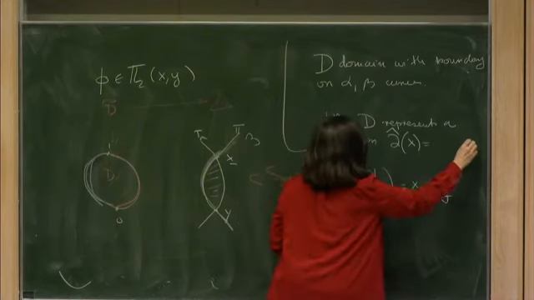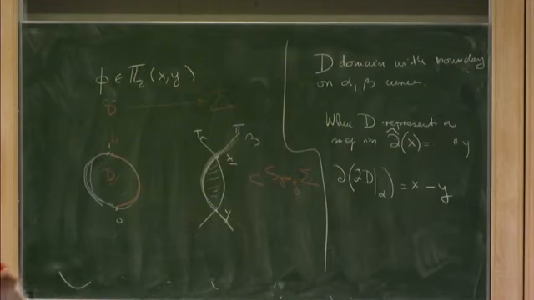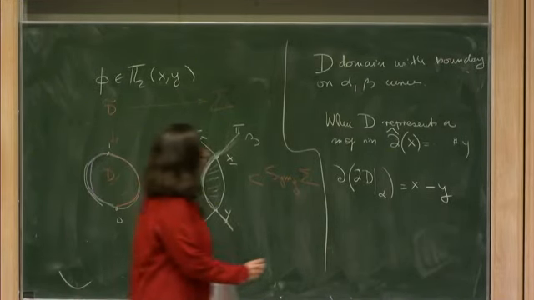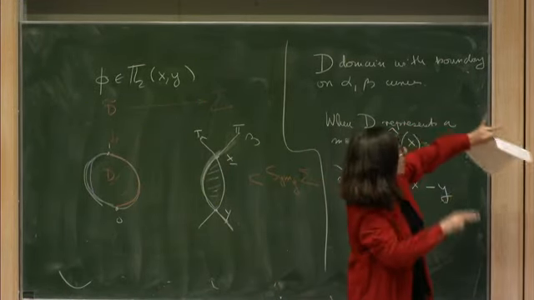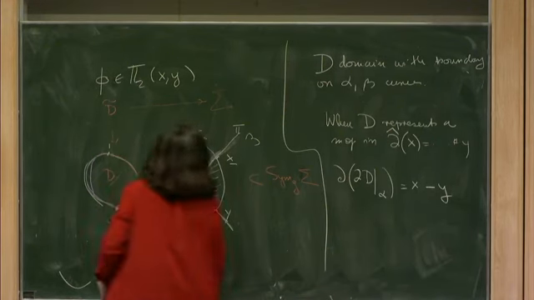So if this contributes to that sum, it's going to be represented as a domain that connects point x to point y along alpha and beta curves in this picture.